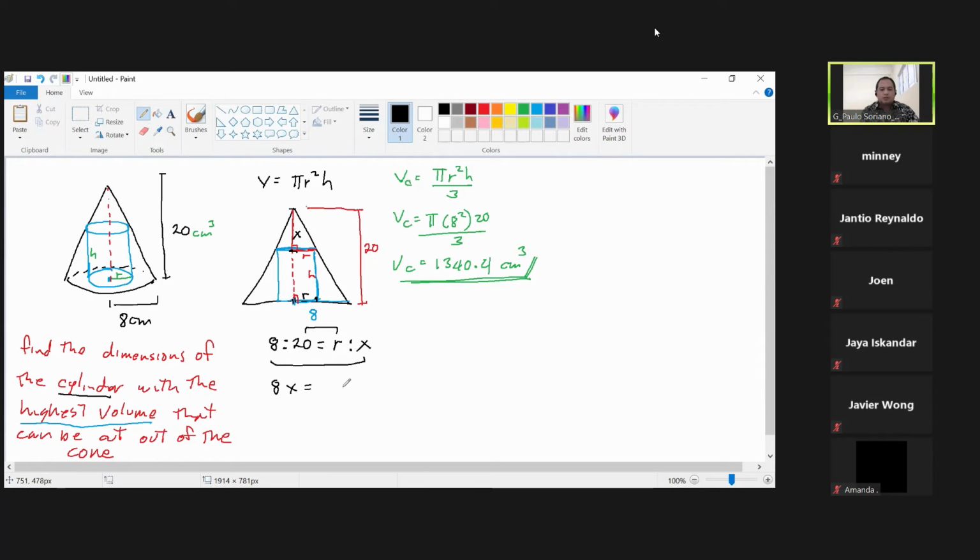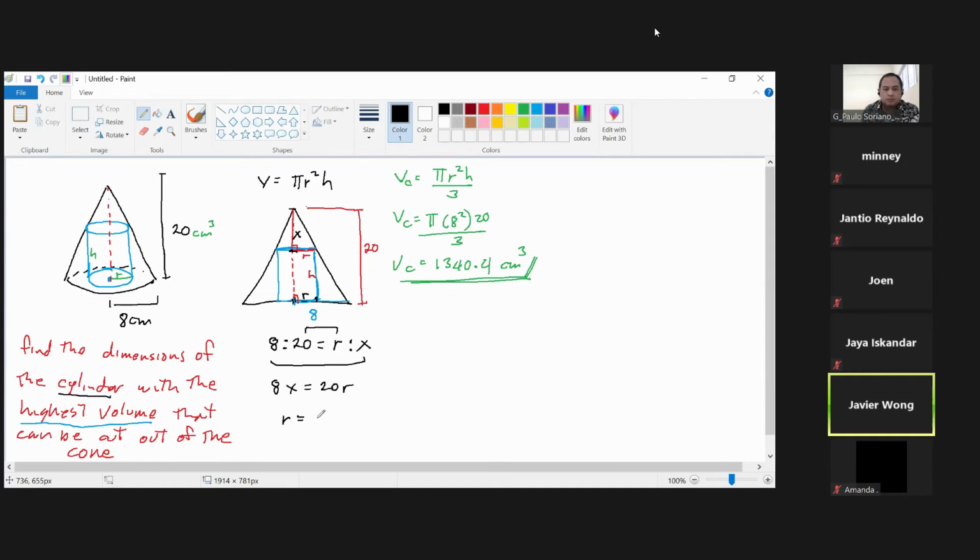8x is equal to 20R. So R is what? 2.5x. Wait, no, sorry.